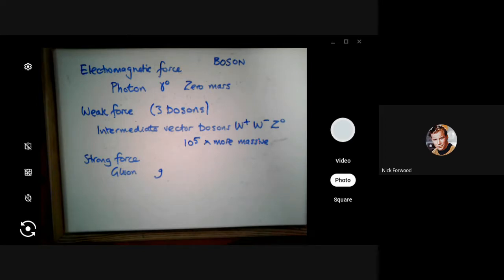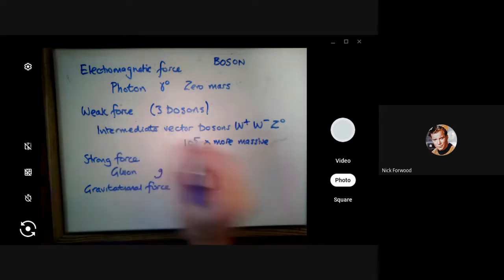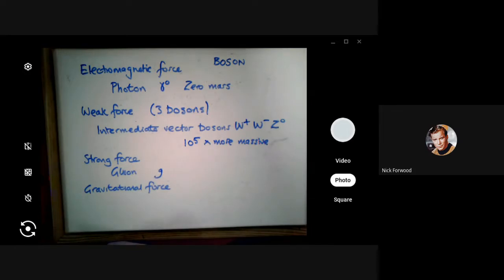Lastly, the gravitational force. Now, this is where the standard model goes a bit wonky, because we've got evidence that all of these bosons exist. Physicists can do experiments in particle colliders and accelerators, and they can come up with a theory, and then the theory is borne out by some experimentation.